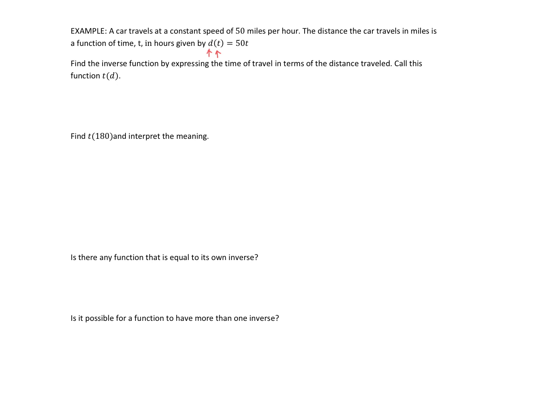So I'm going to start just with d equals 50t and solve for t. So I'm going to get d over 50 equals t. So now we have our function. The time, based on the distance traveled, is the distance divided by 50. So when I say t of 180, I'm going to put our 180 in, and I should get 3.6.